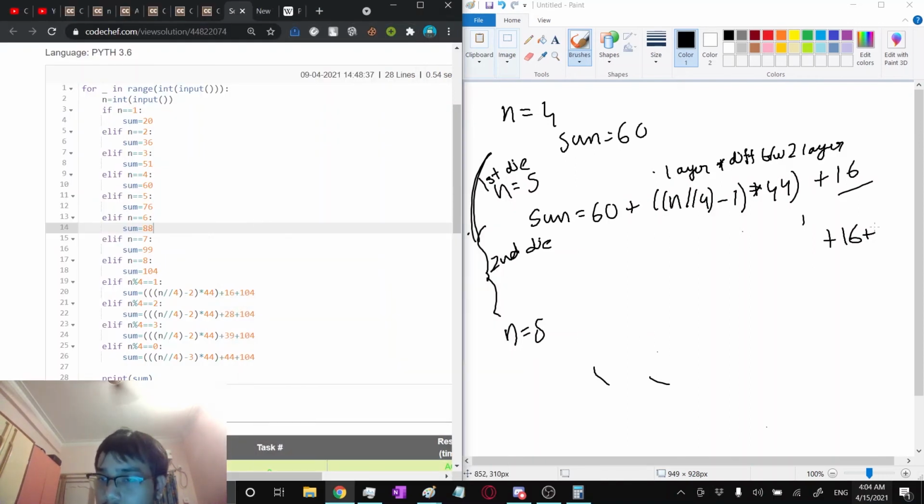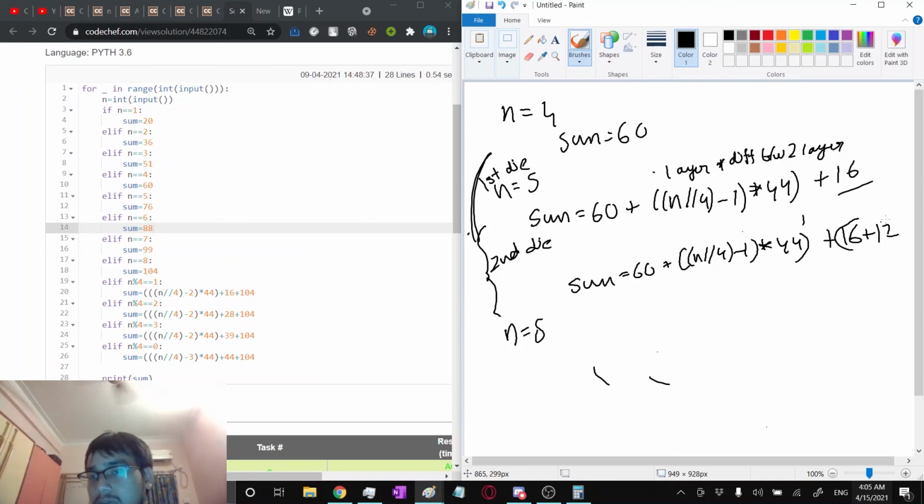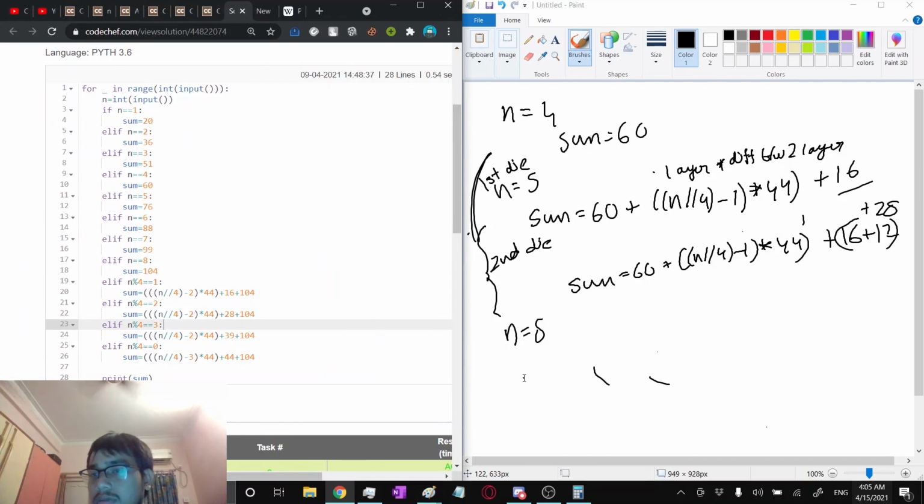So 16 plus 12 is 28. Sum would be 60 plus layer into 44. This whole would become 28. So I directly added 28 over here.